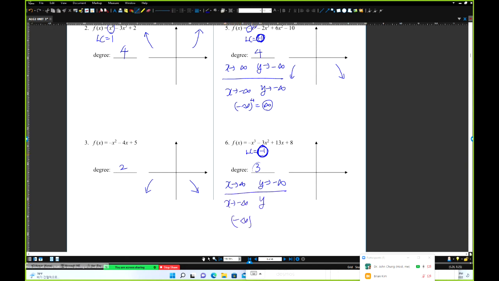Negative infinity cubed is still negative infinity, but the leading coefficient is still negative. We multiply these two, negative 1 times negative infinity, positive infinity. The odd degree goes the opposite way, but with a negative, this is down, this is up. If this is positive, this is up, this is down, okay?